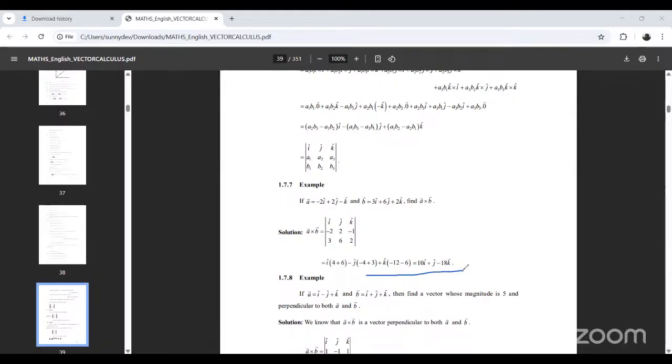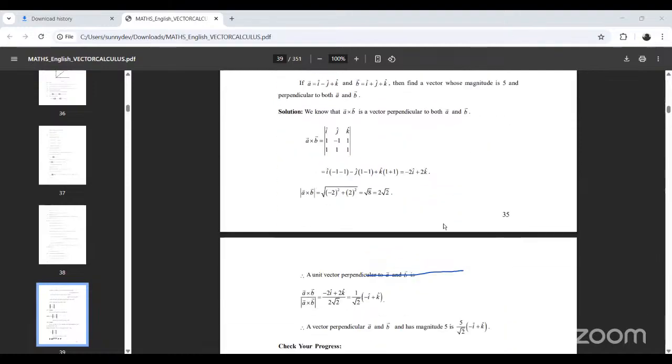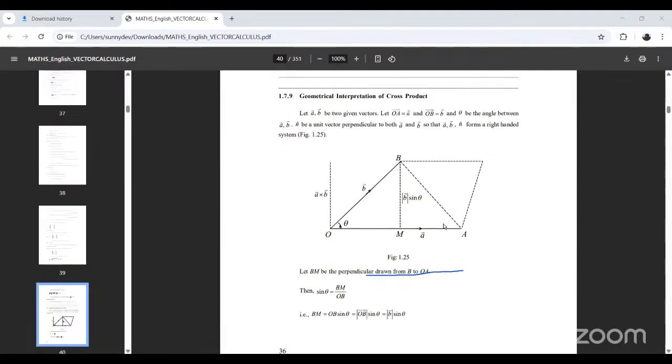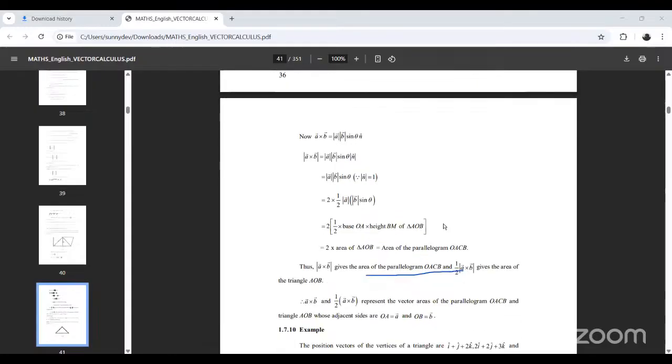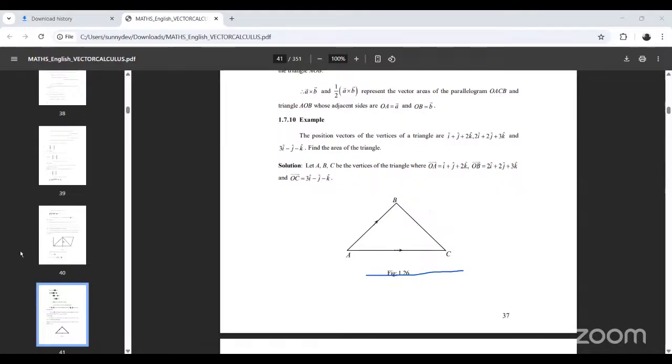Okay. Now, these are also unit vectors. How we can find that unit vector. One more thing, this is also important. They are giving the three vectors.